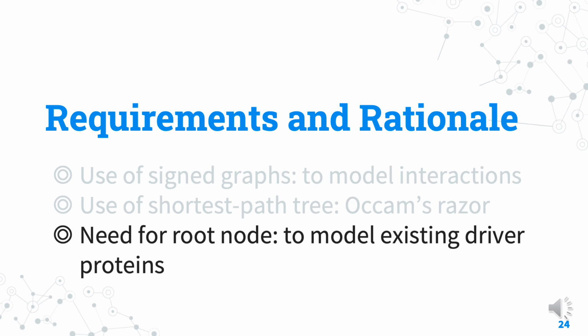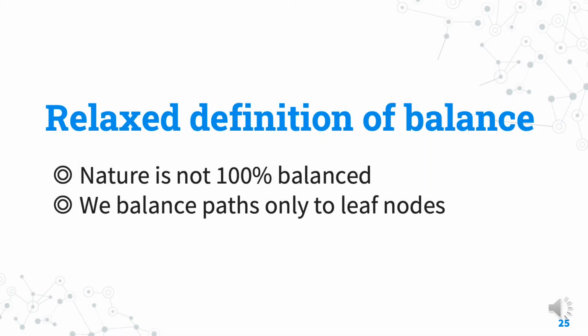Our algorithm requires a root node or set of root nodes to model the regulatory function of driver proteins. The relaxed definition of balance in a given network is that it is not completely balanced 100%, and we only balance paths to leaf nodes.